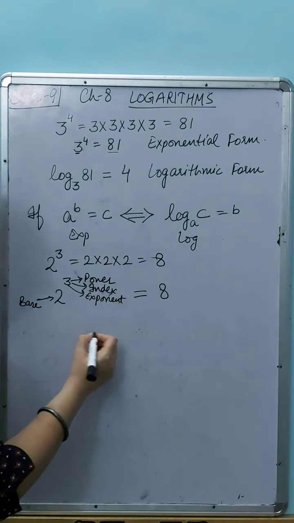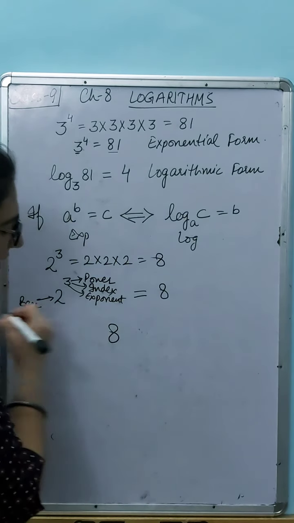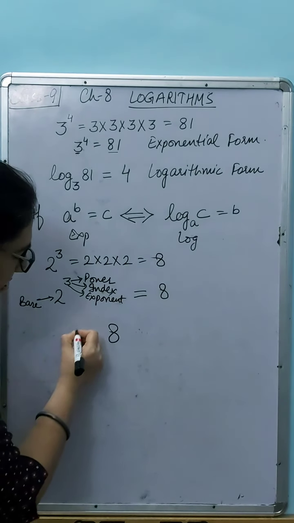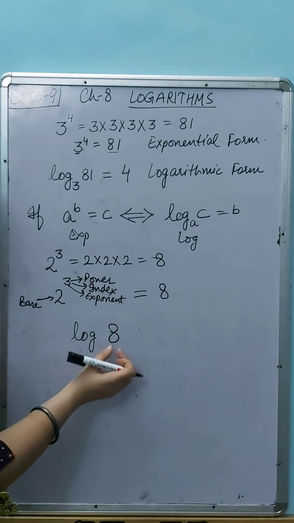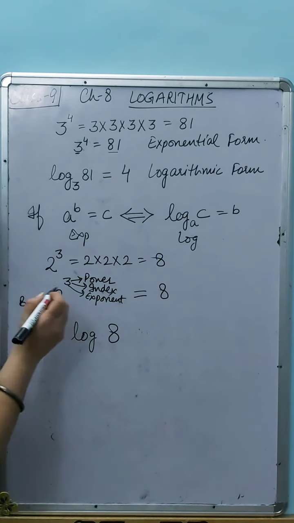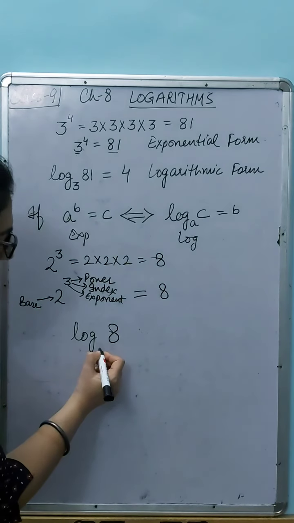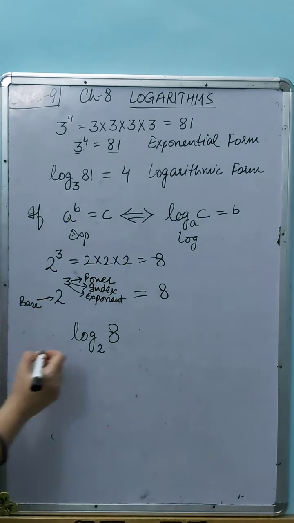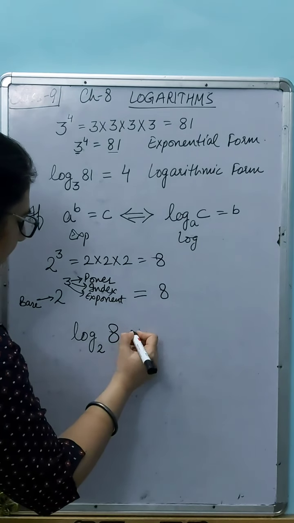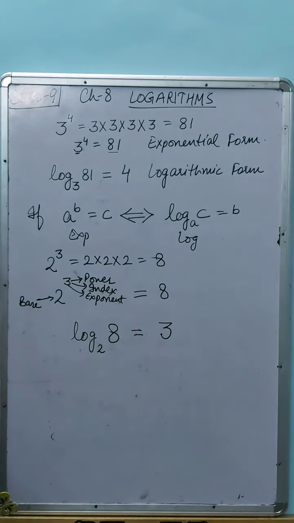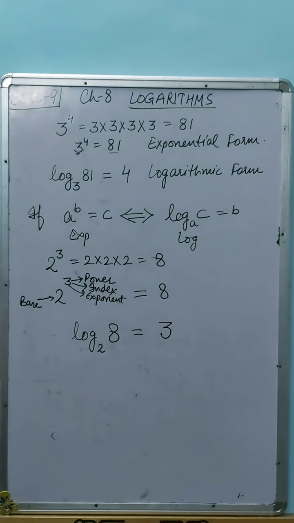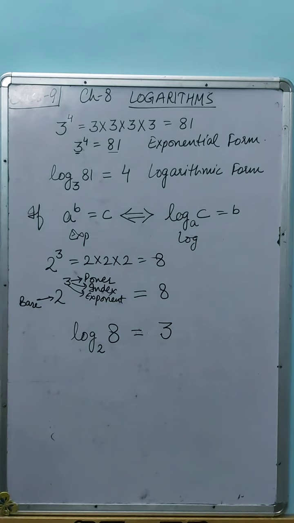But when we take the log, first write 8, then write log over here. Then what is the base? The base is 2. So write the base near the log, smaller than the number 8. The index is the answer. So log 8 to the base 2 is 3.